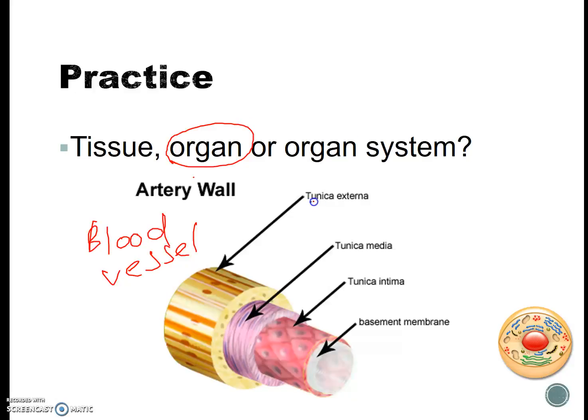There are a few different layers. You don't need to know the names, but you can see that there are different layers of different types of cells. So it's made out of different tissues as an organ. It's not a tissue because it's made out of very different kinds of cells. And it's not an organ system because it's not big enough. It's just one organ, part of the circulatory system.